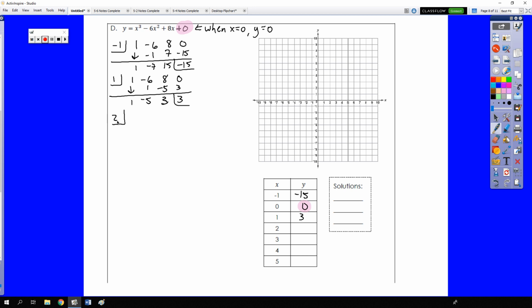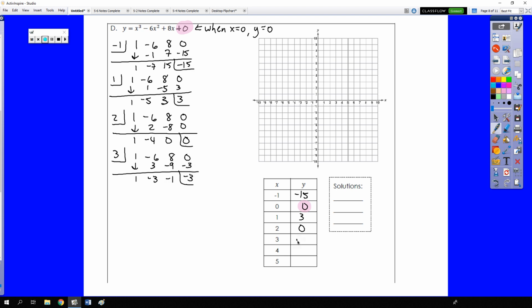Put 2 in the box, synthetic substitution. Okay, we've done a few of these now. We shouldn't need much. Okay, hopefully you're not skipping too far ahead when you go to skip here. So 2, 0. Three, negative 3.